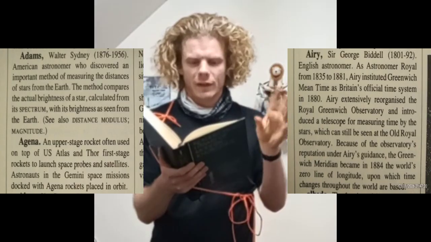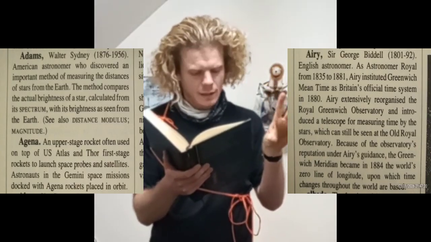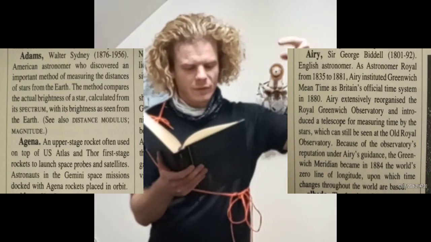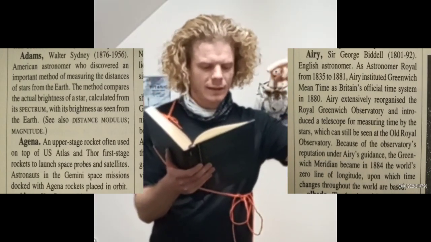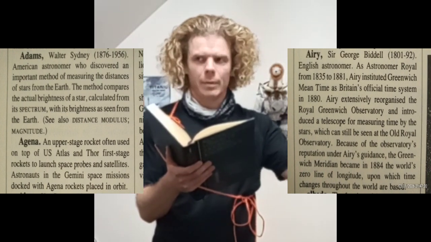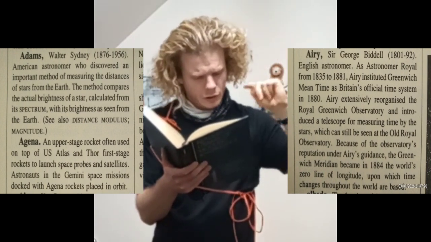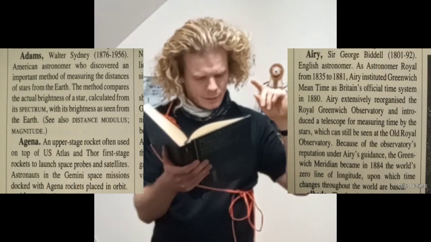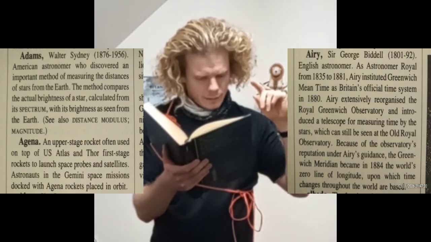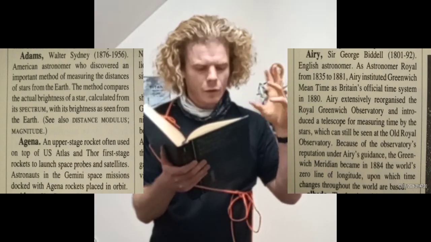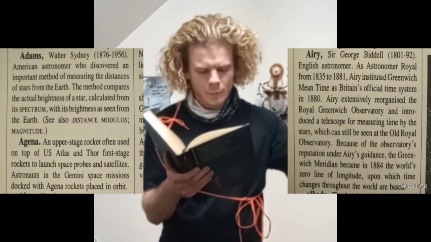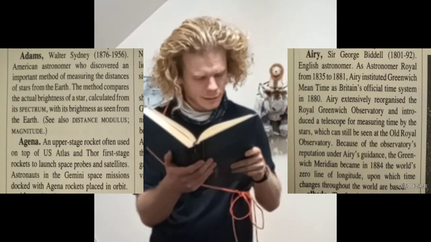Now there are the rockets, there's the first stage, and that is US Atlas and Thor, and then on top of them is the upper stage rocket, and that is Agena. Maybe there's a third stage, but it's the second stage, or the upper stage. And that whole thing has been used to launch space probes and satellites into space.